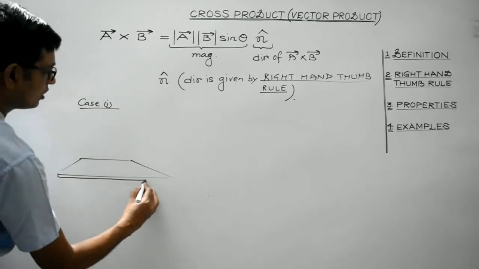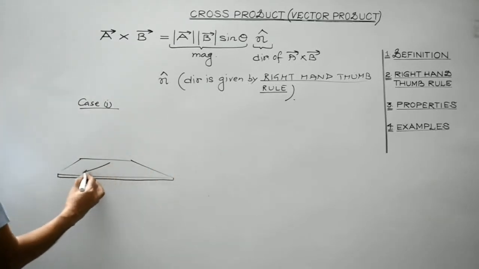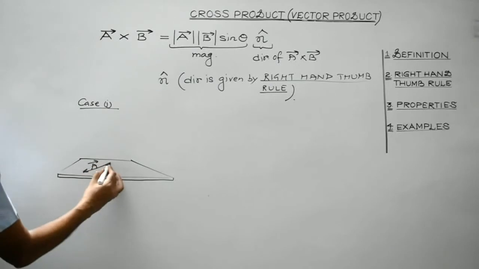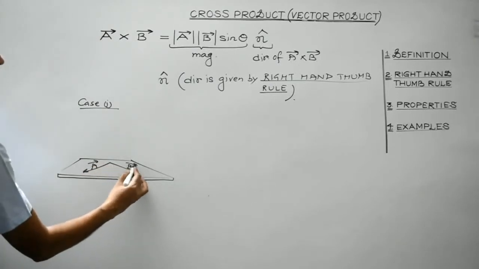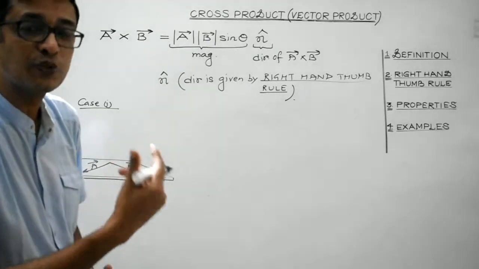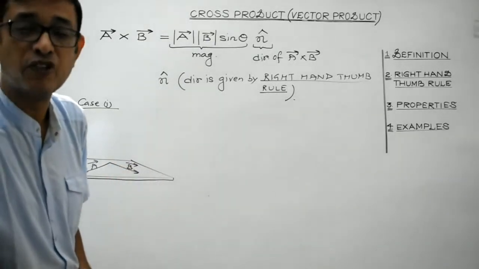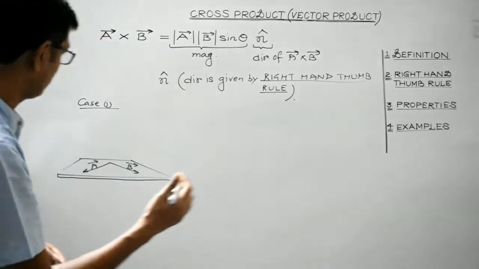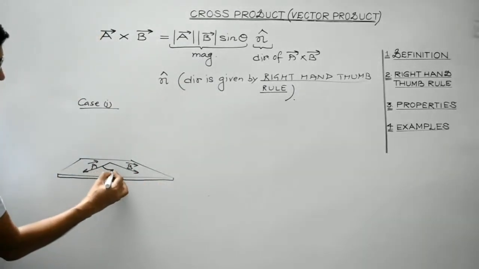This is a horizontal plane. And this is suppose A vector, and let us consider this to be B vector. And we need to determine the direction of A cross B. So the angle is to be measured from A vector to B vector. So the orientation of the angle must be like this.